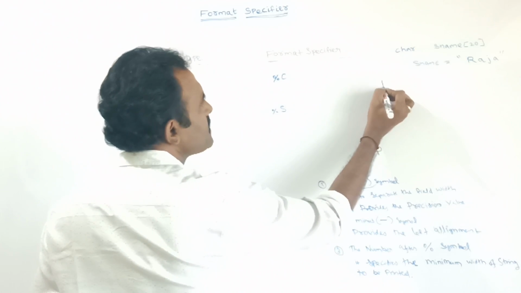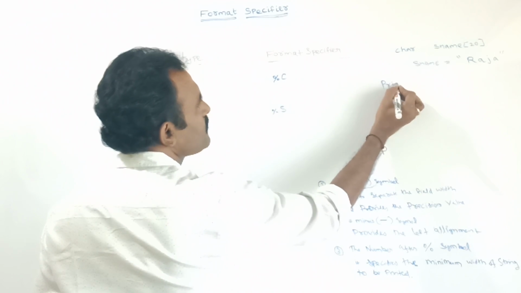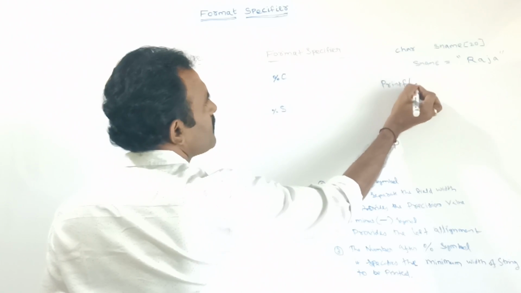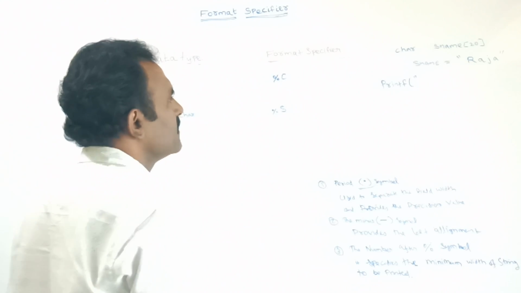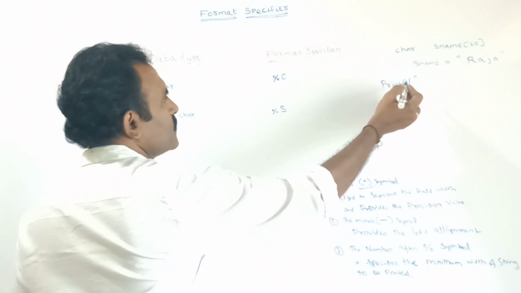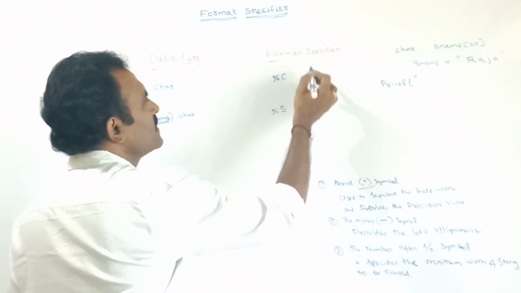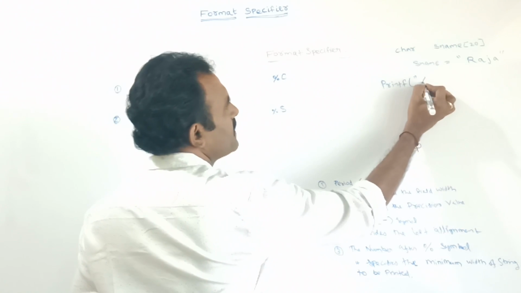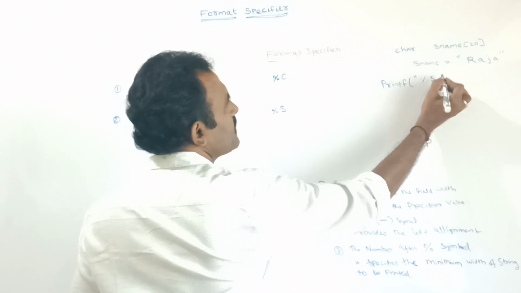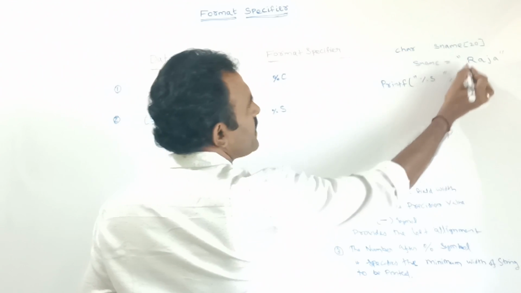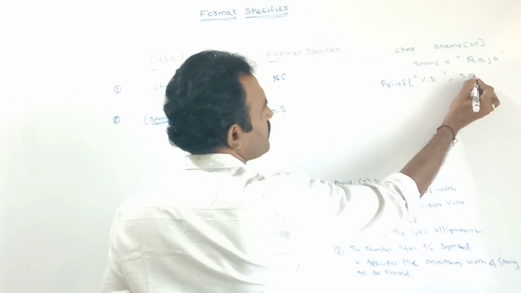Here I am telling to print this name with the help of this printf function. I am telling to display the name. So first we should mention the format specifier here. Here percentage s, next the variable name is s name.